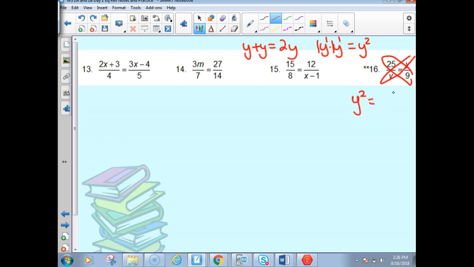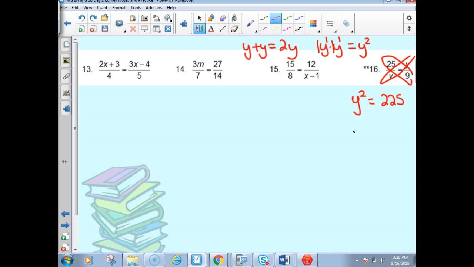25 times 9 is 225. And then we have to do undoing of squaring. Now, if you notice on your calculator, and you've all done this because you did quadratics, and you're going to learn more about quadratics than you ever wanted to know in one unit this semester. We'll learn all kinds of stuff about quadratics.